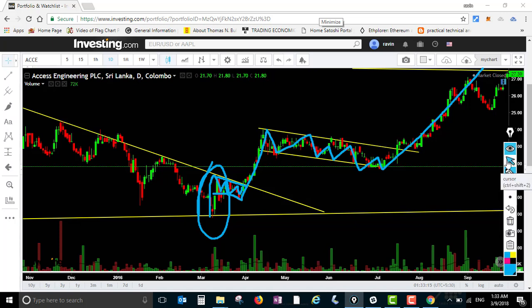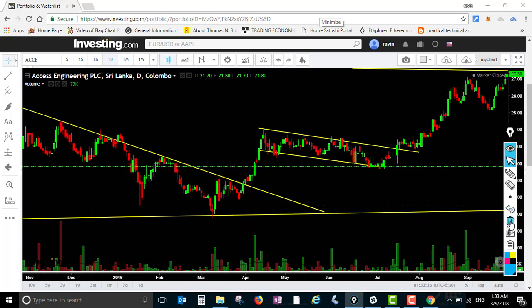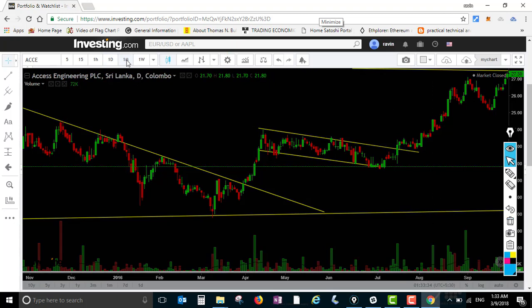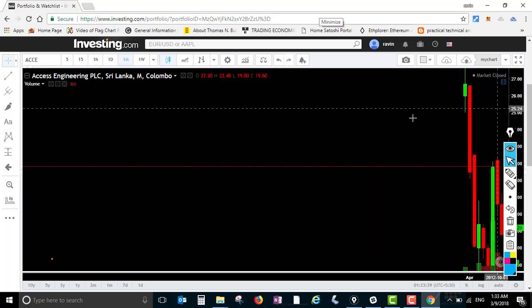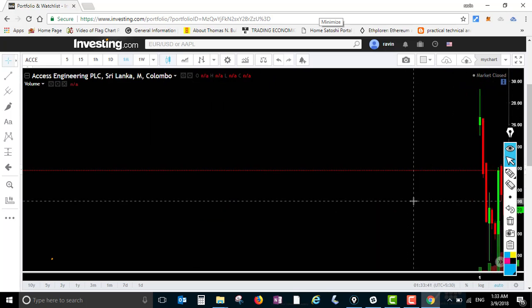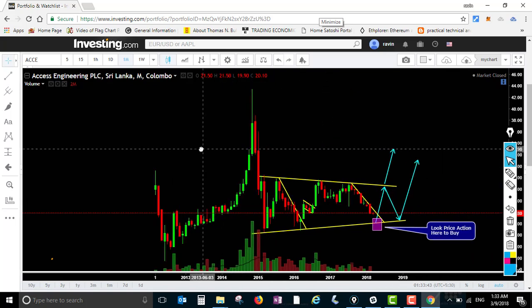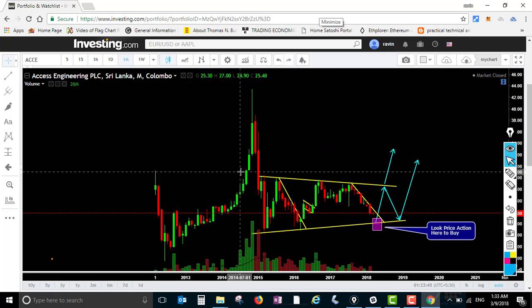I will teach you these patterns and these techniques you can use in stock charts and find out where the good, profitable opportunities are. Meantime, what you can do is see all the charts in the Colombo Stock Exchange.